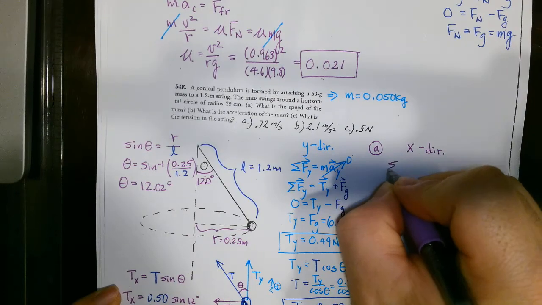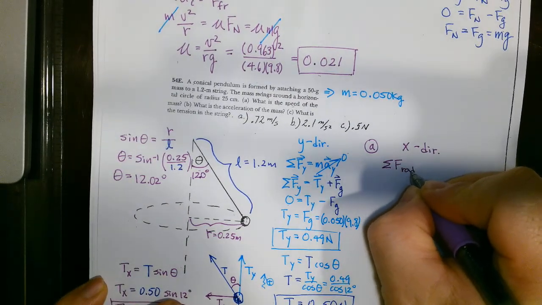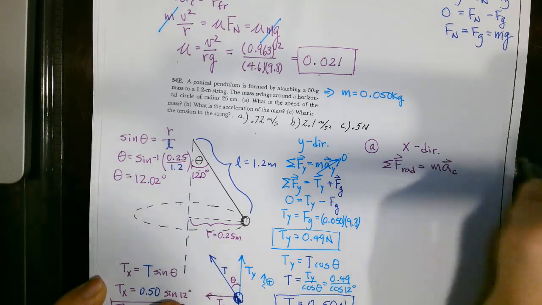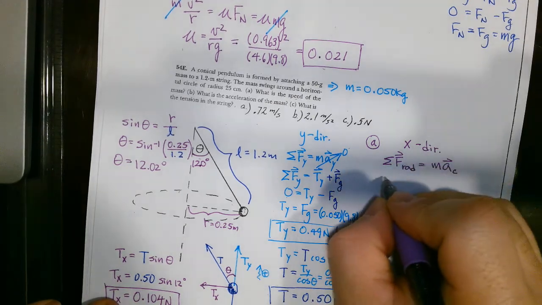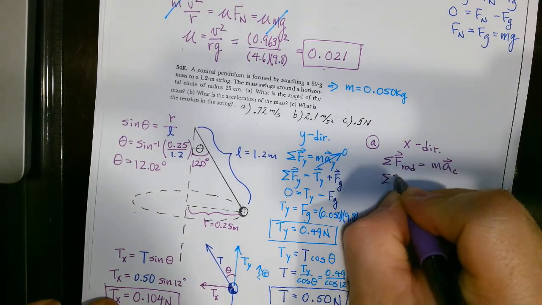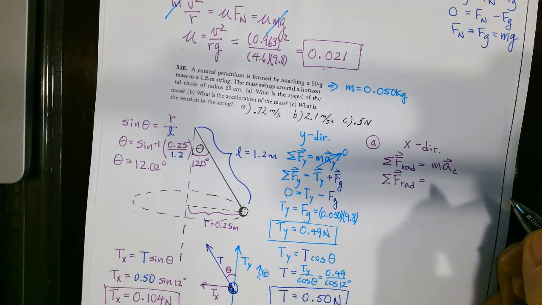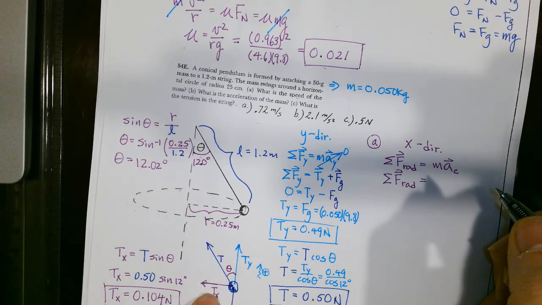So sum of all forces in the radial direction is equal to m AC. Therefore, how many forces are there in the radial direction? I only see one, which is Tx.